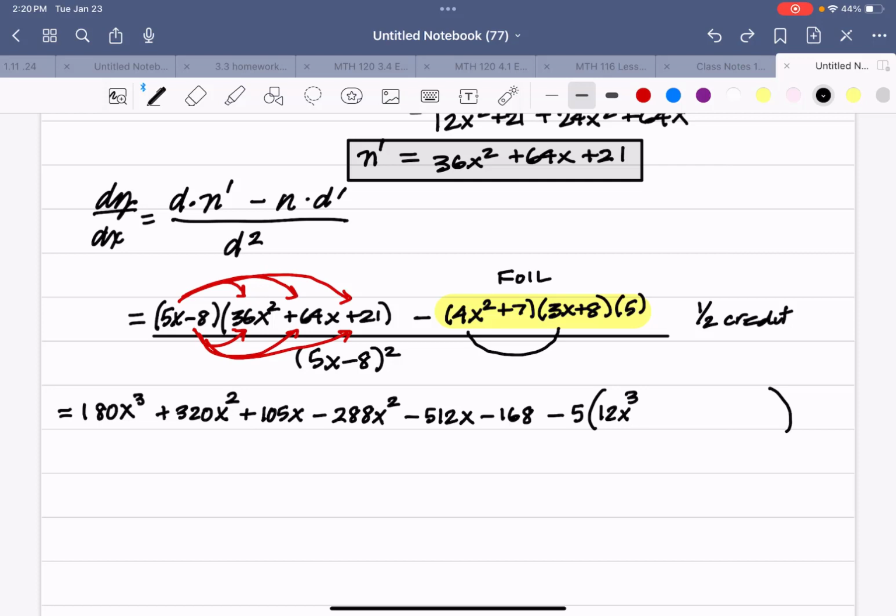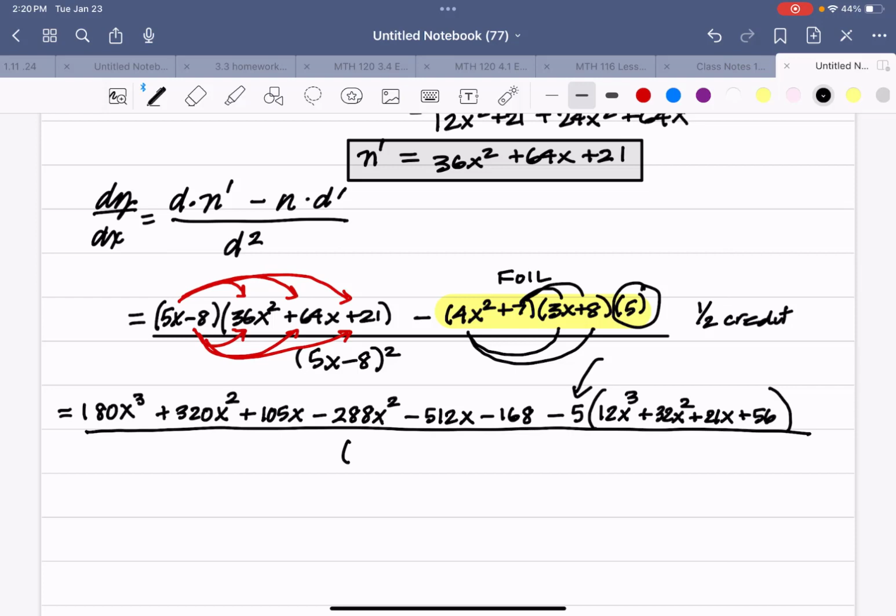And then 4x squared times 8 is plus 32x squared, and then 7 times 3x is plus 21x, and 7 times 8 is plus 56. Now be careful, we're not doing the 5 yet, it's here in the front. Now don't forget that all of this is still over 5x minus 8 squared.